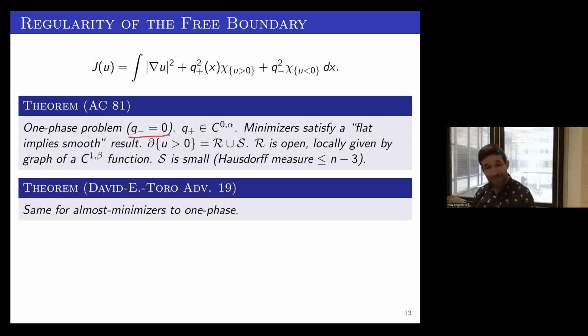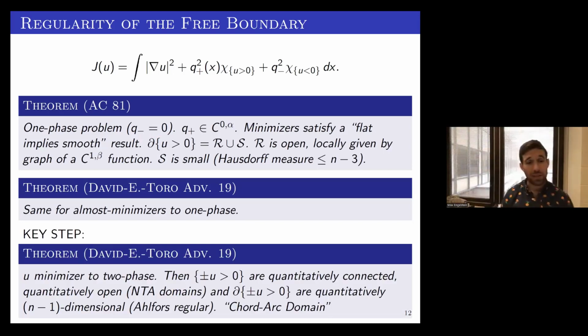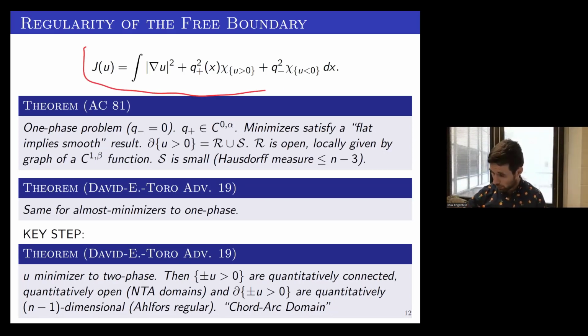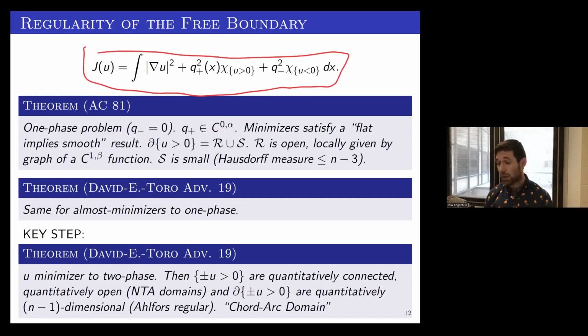A key step in proving this Holder regularity was actually a theorem that feels a little more in place for this conference: if you take an almost minimizer to this problem, now with no assumptions on Q plus and Q minus besides maybe non-degeneracy and that they're L infinity, then the positive and negative sets are quantitatively open and quantitatively connected, NTA domains.